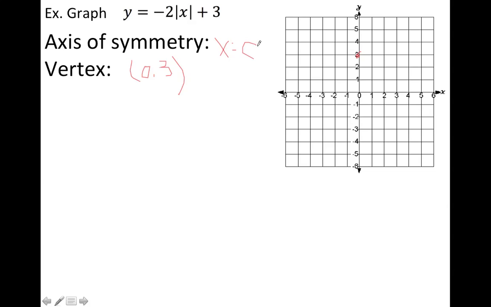And then we got to look to plot our points. We have -2 out front, make that a fraction. So we have -2 over 1. So we're going down 2 over 1, down 2 over 1, down 2 over 1. Same thing on both sides. Plot a couple points on each side and connect your points.